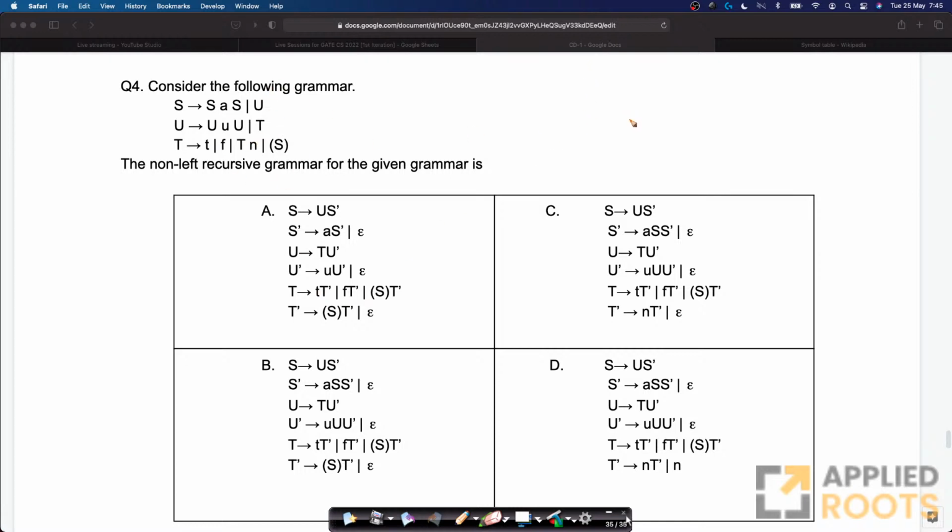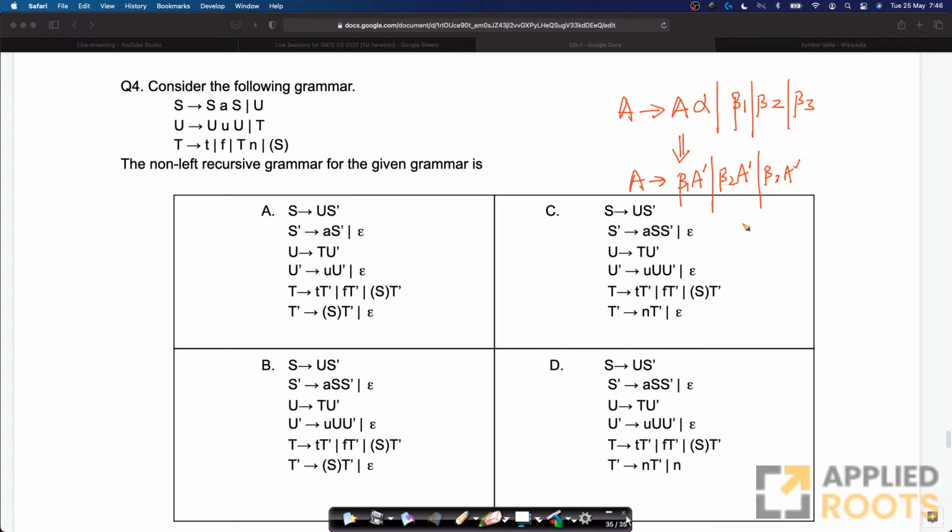Again, we have derived these steps in the course videos also in lots of detail. So if you have a production rule like this, A generates, let's say, A alpha or beta 1 or beta 2 or beta 3. Let's assume there is this production rule. This is left recursive. You can replace this left recursive production rule with 2 production rules. A generates beta 1 A dash, right? It's a new symbol, or beta 2 A dash, or beta 3 A dash.